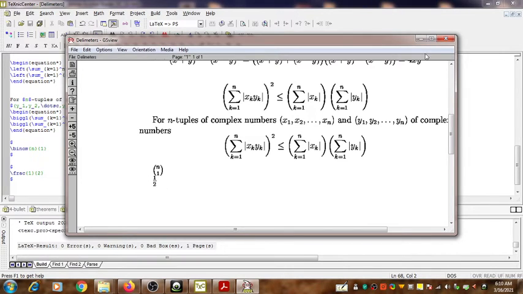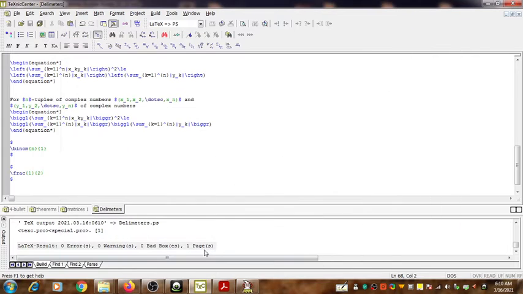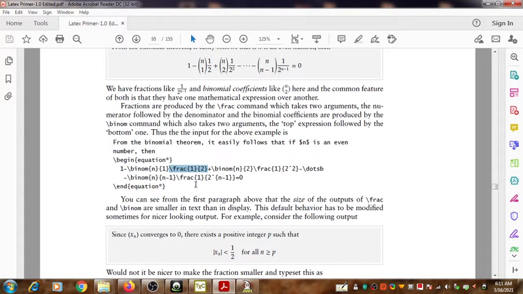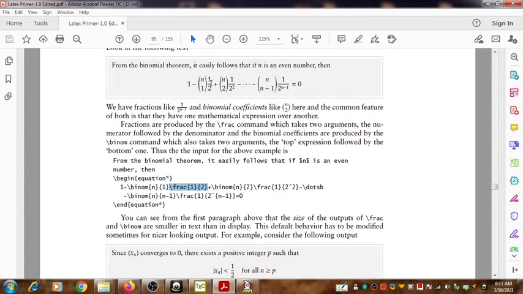But in this box you have a complex, very lengthy expression in which many binomial expressions and many fractions are used. So one by one you have to typeset them inside the mathematical environment.